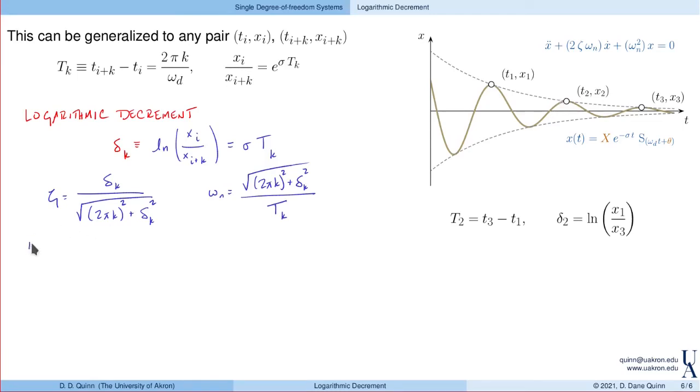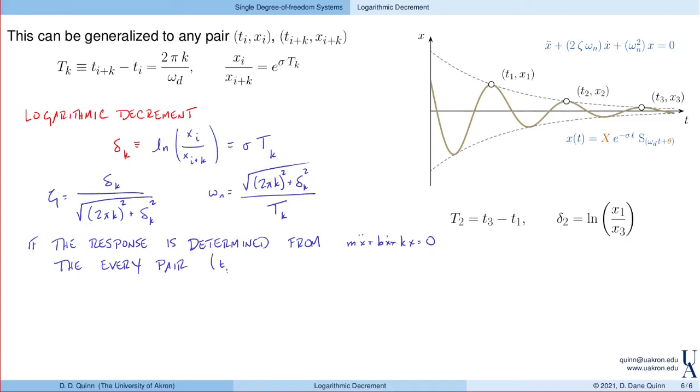And if the response is exactly represented by our second order spring mass damper system, so if it's determined exactly from m x double dot plus b x dot plus k x equals 0, then every pair t_i, x_i and t_(i+k), x_(i+k) gives identical results.